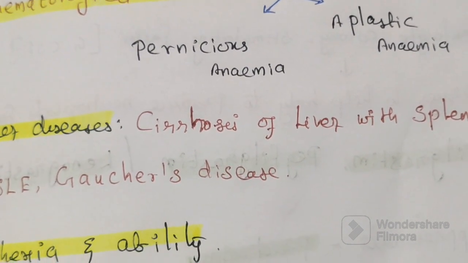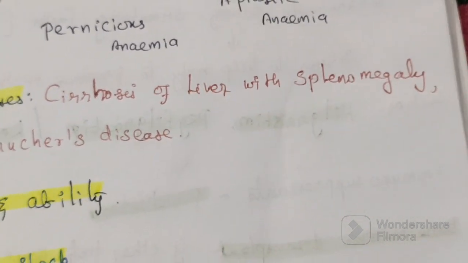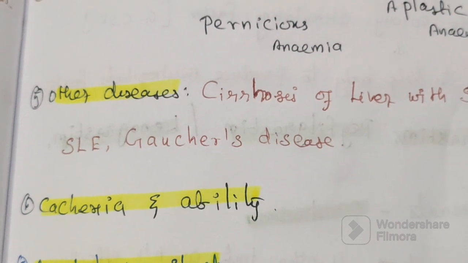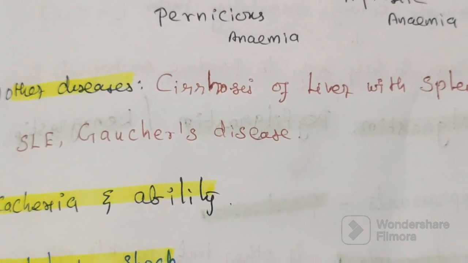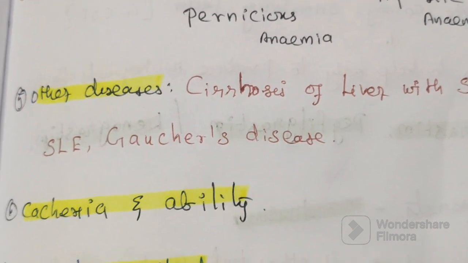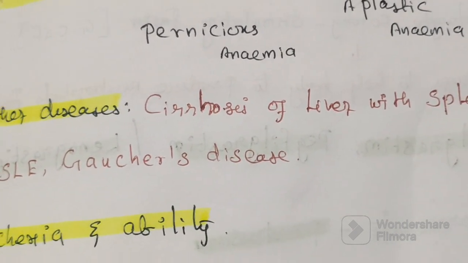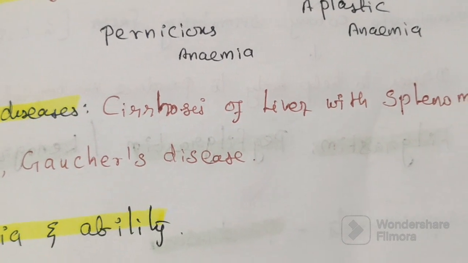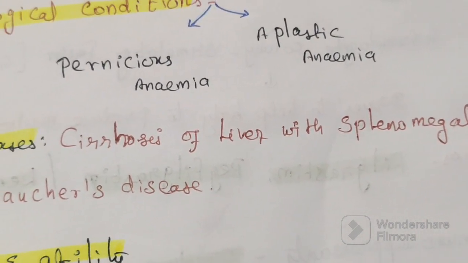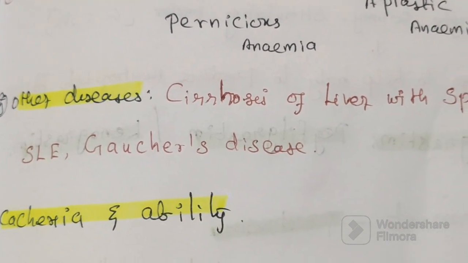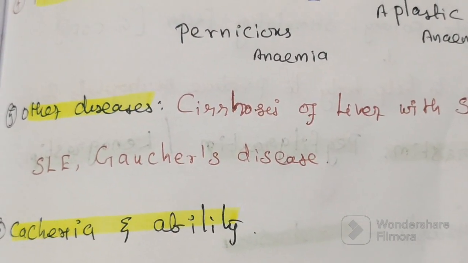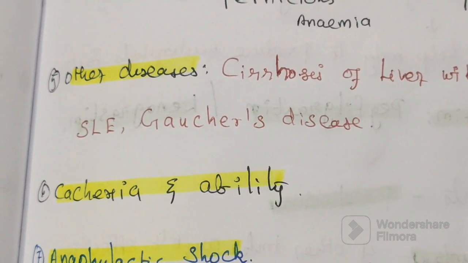Other diseases, cirrhosis of liver with splenomegaly, SLE and Gaucher disease, also decrease neutrophil count.